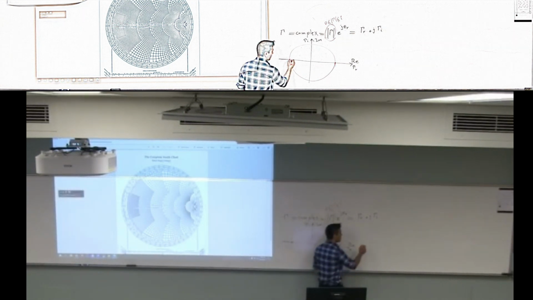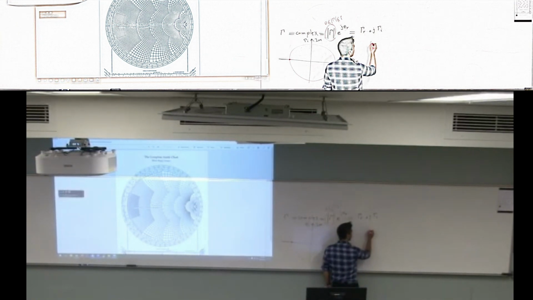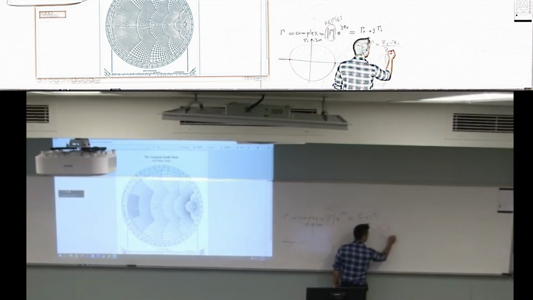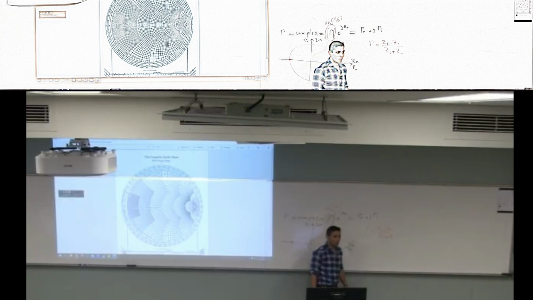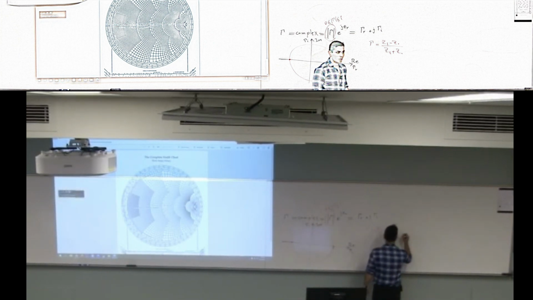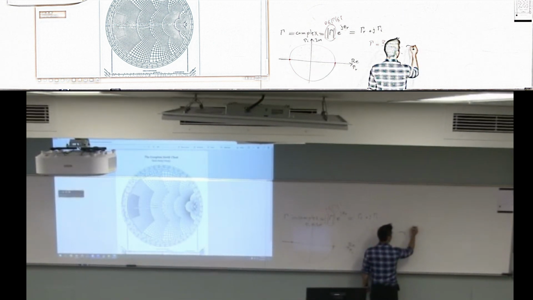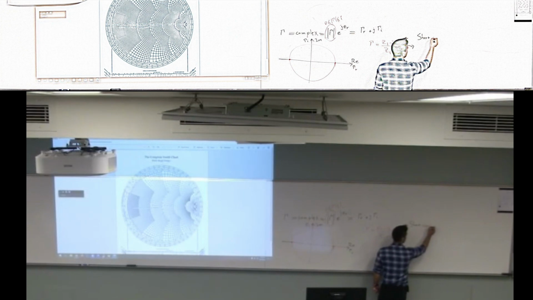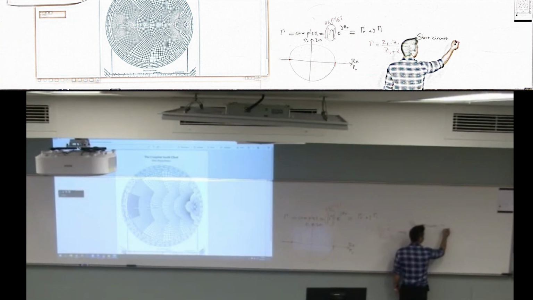If you remember, gamma was equal to ZL minus Z0 divided by ZL plus Z0. For certain values, for short circuit, ZL is equal to 0.